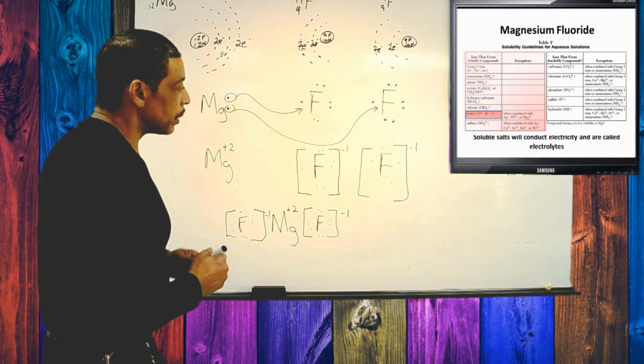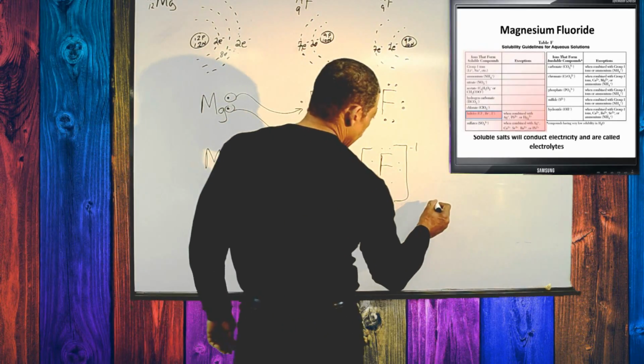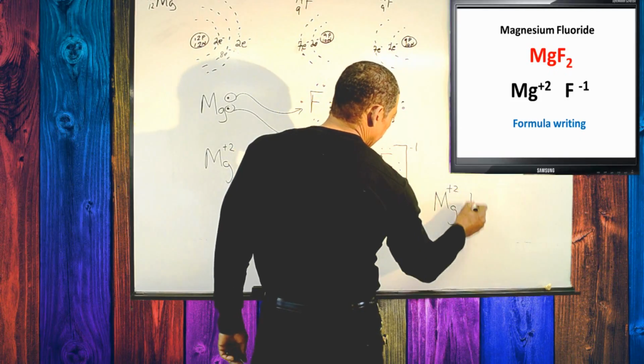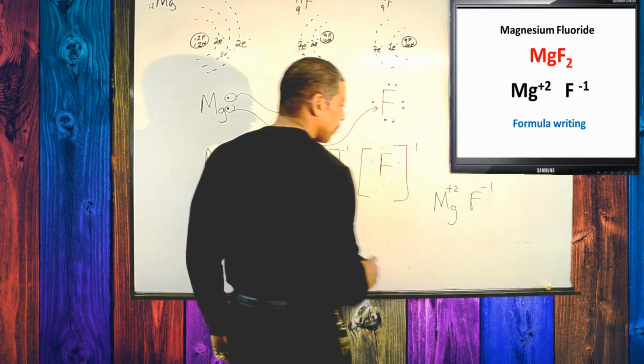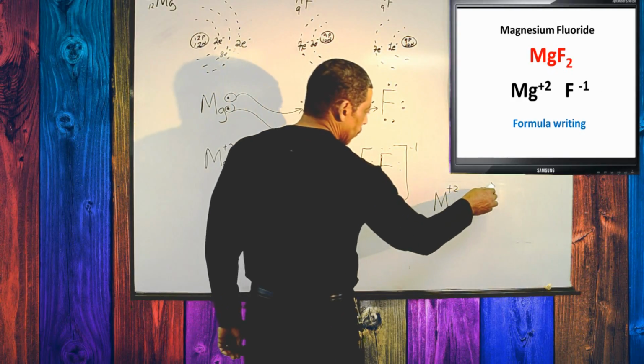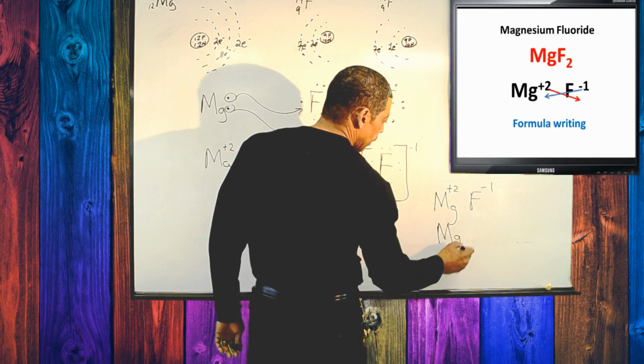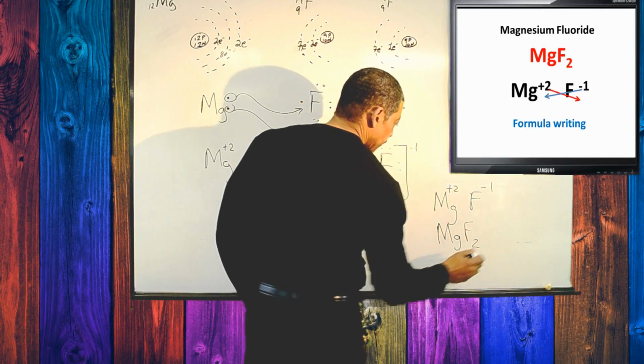The chemical formula for magnesium fluoride is written as follows: Mg plus 2, F minus 1. Since the oxidation states do not cancel, we must crisscross to produce the chemical formula MgF2.